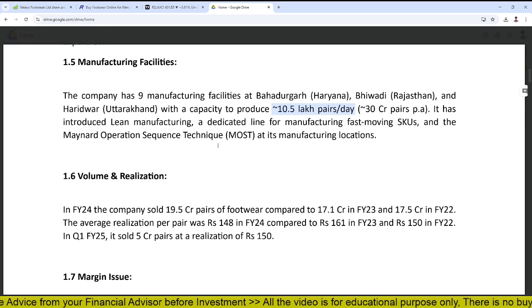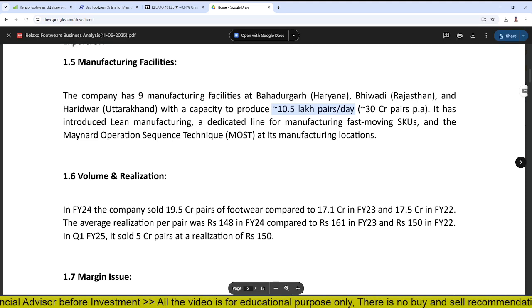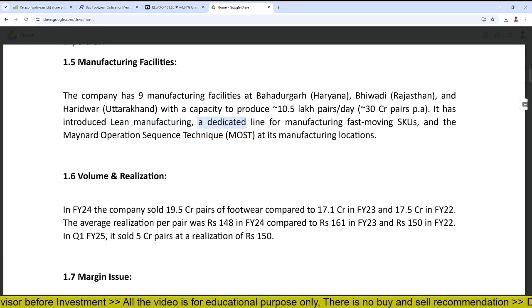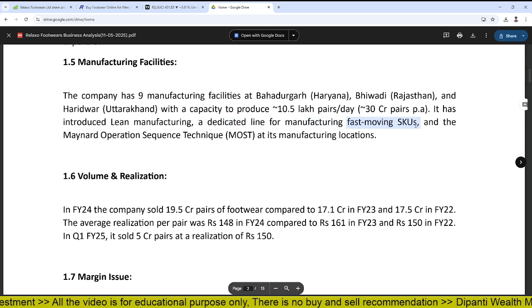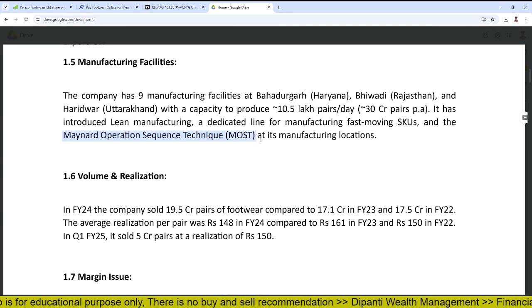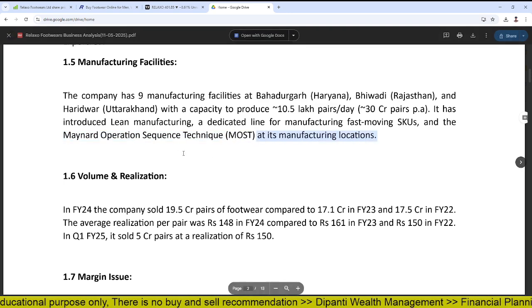That means 30 crore pairs per annum. And it has introduced lean manufacturing, a dedicated line for manufacturing fast moving SKUs and the Maynard operation sequence technique at its manufacturing locations.